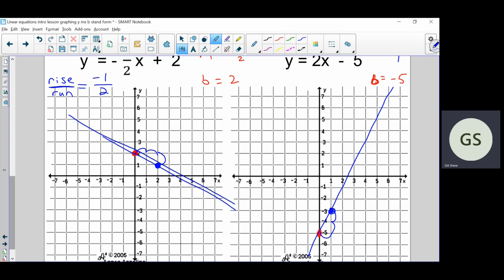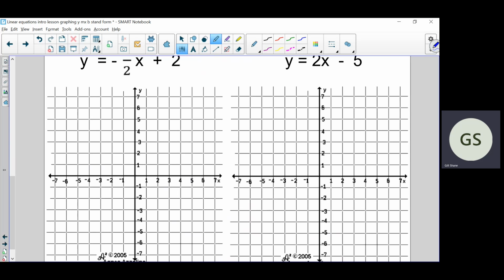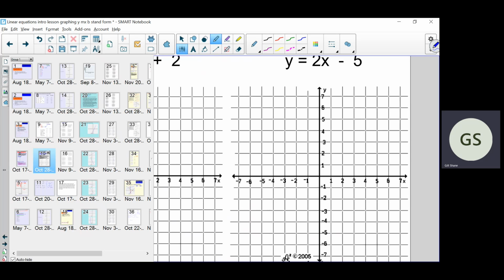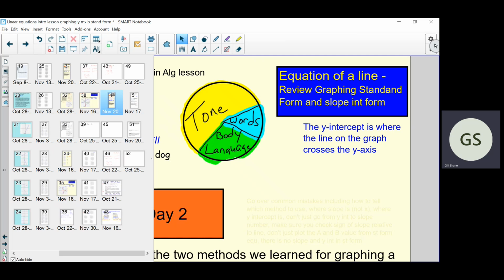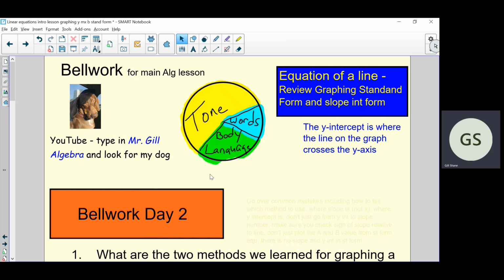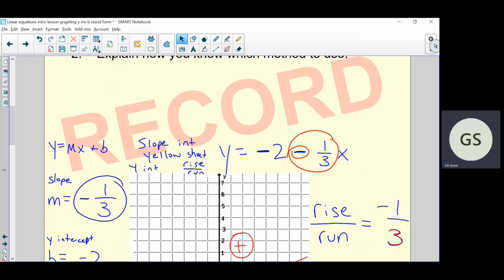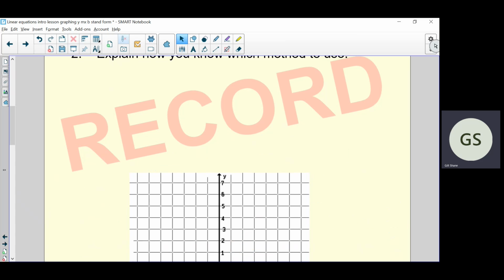Let's do one with standard form. Again, this is just a repeat of everything you did in the last video, if you caught up and watched the last video. But I'll do one more. So let's say we have an equation like this.